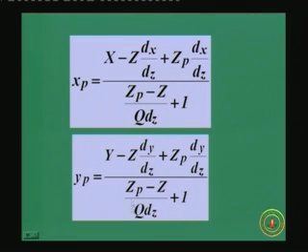Q is also known because that is the distance of COP from the point 0, 0, zp. So, all the parameters on the right hand side are known, you can substitute and get the values of xp, yp, and those are the coordinates of the 2D projection of the point in 3D. From 3D to 2D, this is the generalized formulation.